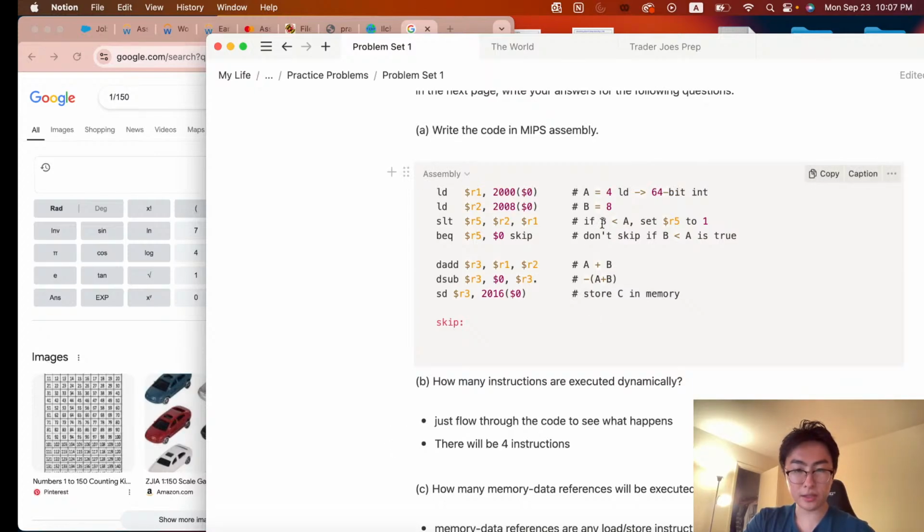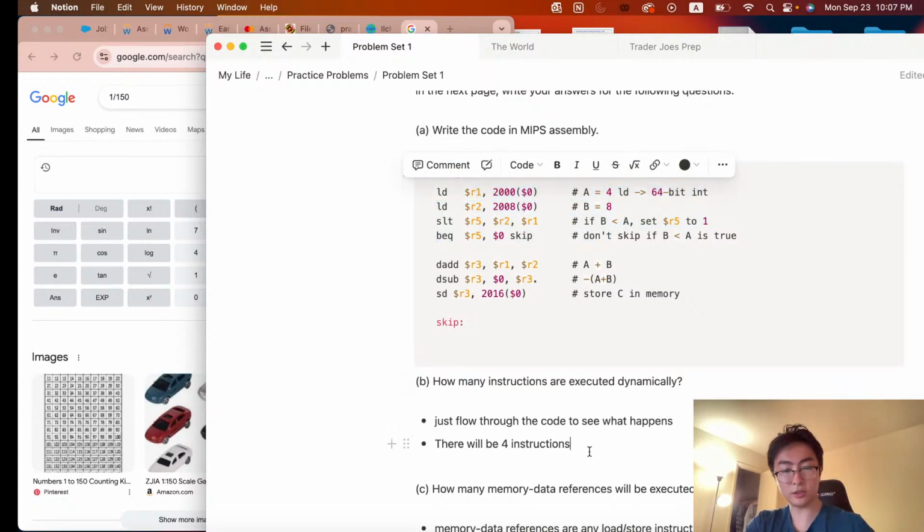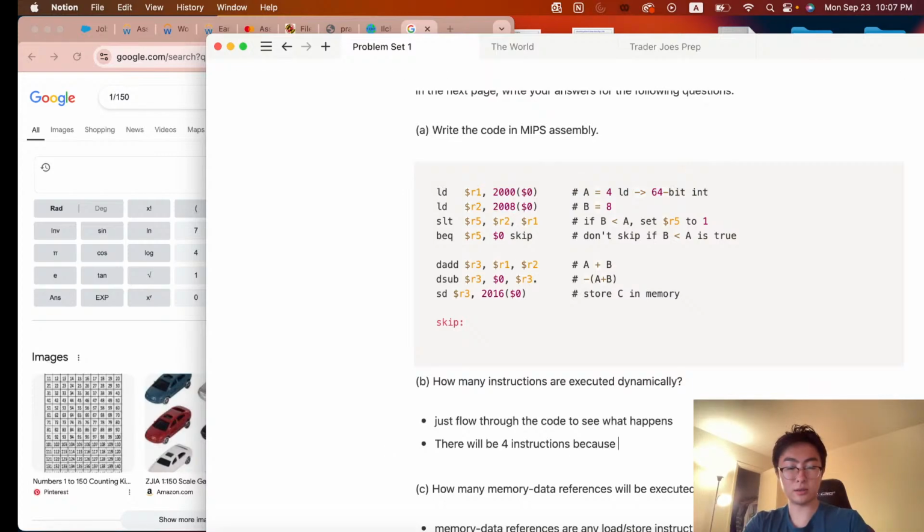But in this case, is B less than A? No, it's not. It's actually greater than A. So B is equal to 8, A is equal to 4. So we set R5 equal to 0. Then we compare 0 with 0, and we just skip. So we only run 4 instructions because B is greater than A.